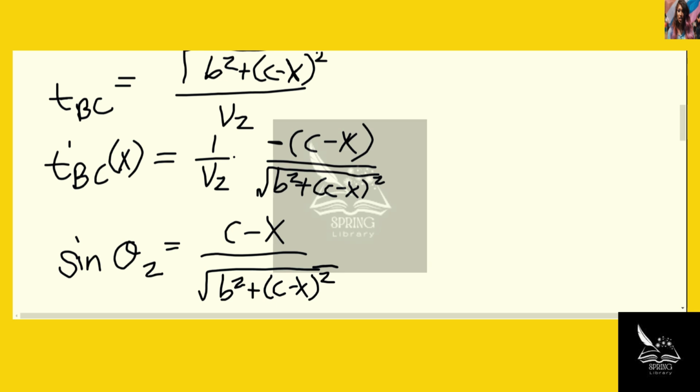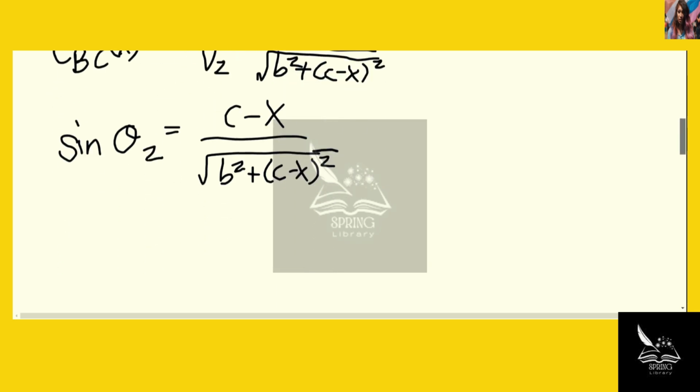And plugging sine of theta 2 into t prime of BC, we have that t prime of BC of x is 1 over v2 times negative sine of theta 2.